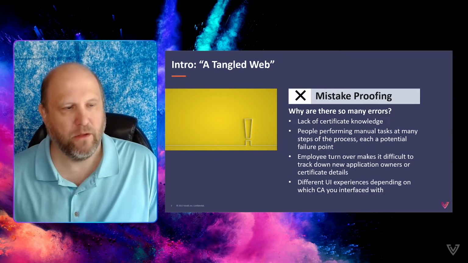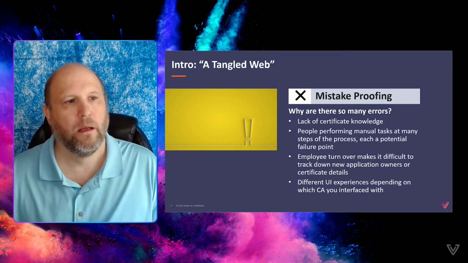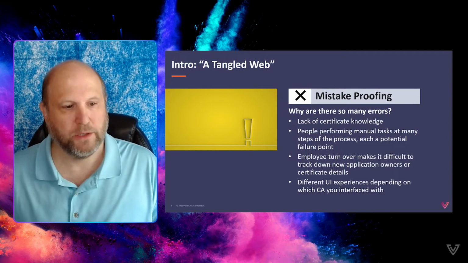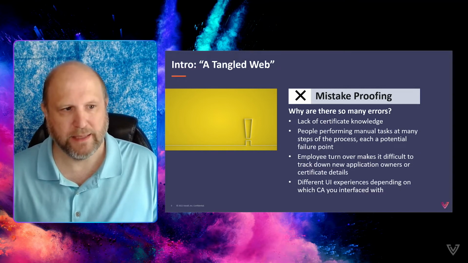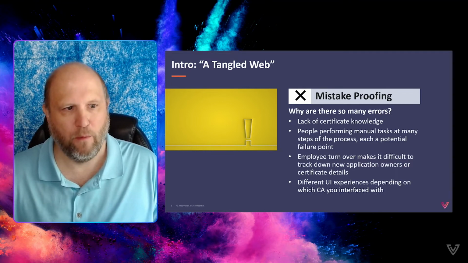If I need to send out a manual notification today to a team to tell them their certificate's expiring, and then I get called onto a critical situation or some type of outage, and I'm taken away from that task, I may not get back to that task in time. This is what I mean by that human scheduling. Anytime a human performs a manual task, they can make a mistake too.